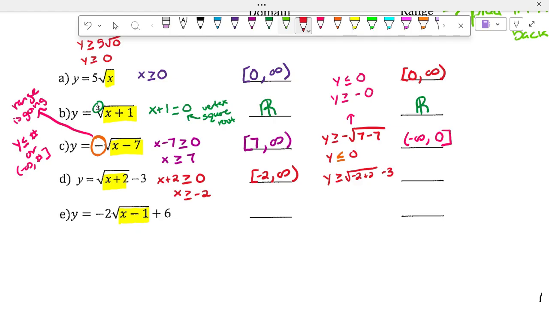So if I evaluated that, Lucas, what would I get? Would it be square root of 0 minus 3? Mm-hmm. Which is what? Would that just be -3? Yep. So y is greater than or equal to -3, and what is that in interval notation? Bracket -3 infinity. Good.